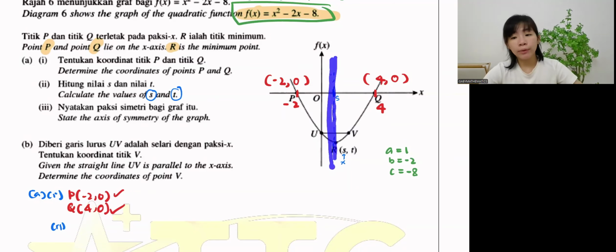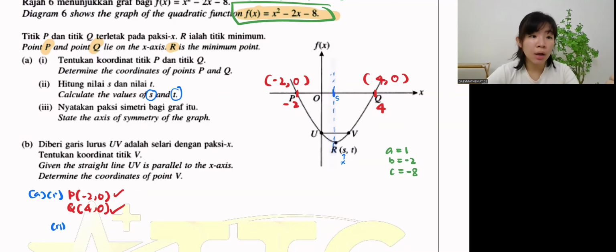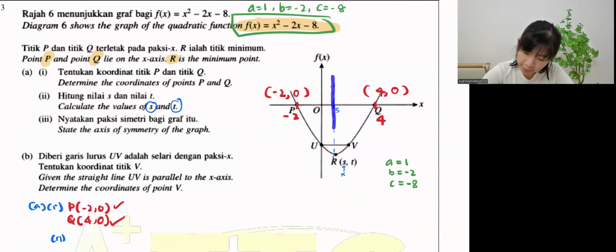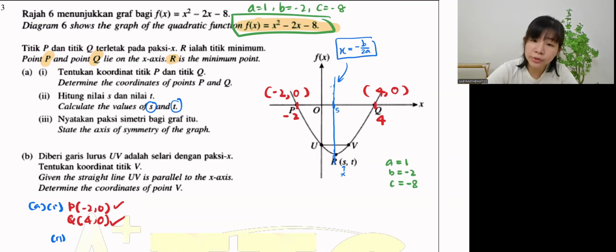So we have two ways to find it. Either we use a formula. Remember how we find the axis of symmetry? By using x equals negative b over 2a. If you use this, you can find x. Or there's another faster way. S is the midpoint of negative 2 and 4.